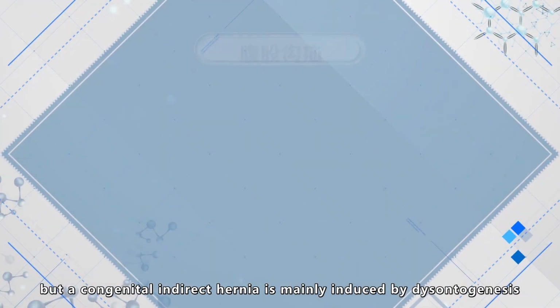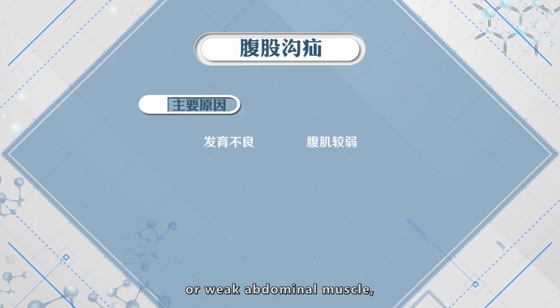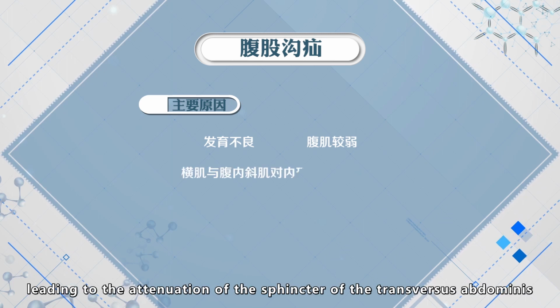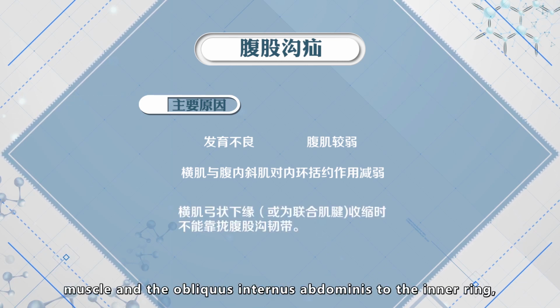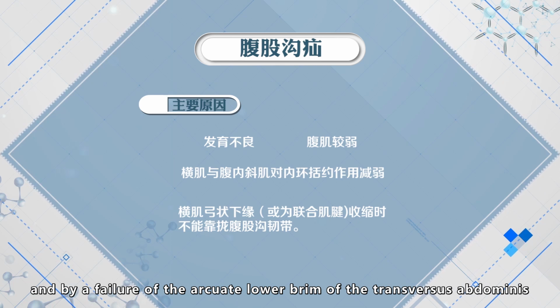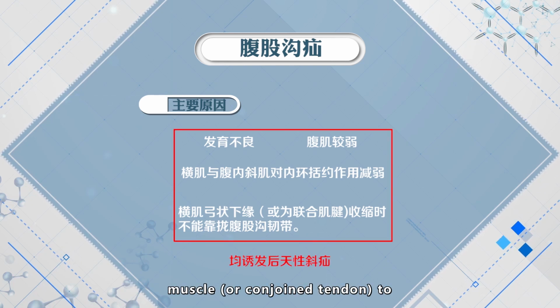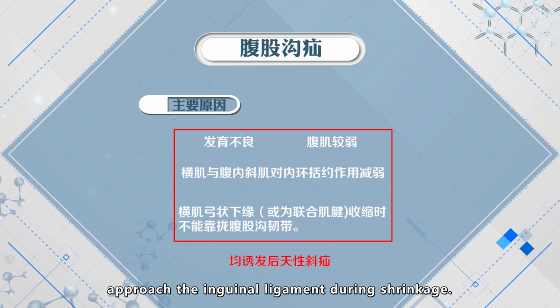But an acquired indirect hernia is mainly induced by dysplasia of weak abdominal muscle, leading to the attenuation of the sphincter effect of the transversus abdominis muscle and the obliquus internus abdominis on the inner ring, and by a failure of the arcuate lower border of the transversus abdominis muscle or conjoint tendon to approach the inguinal ligament during contraction.